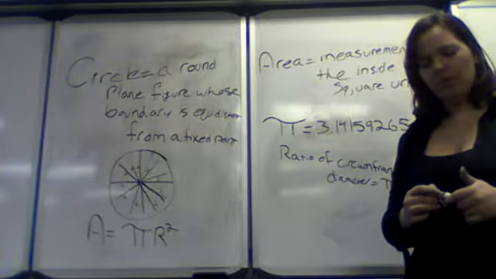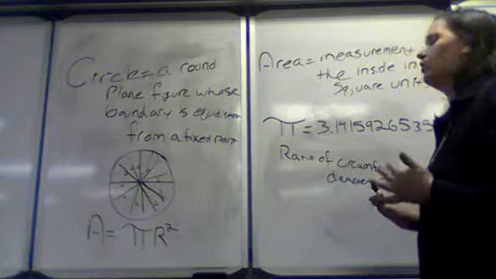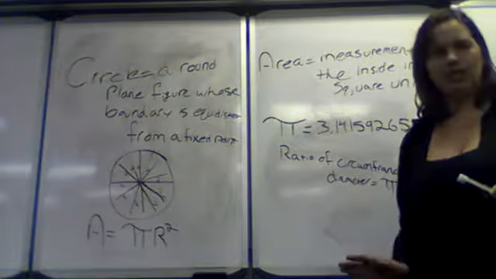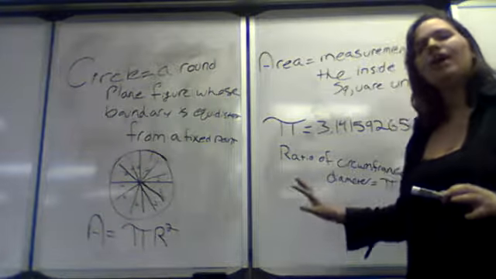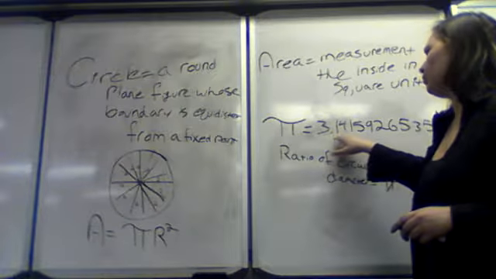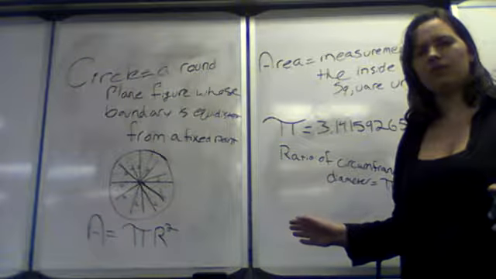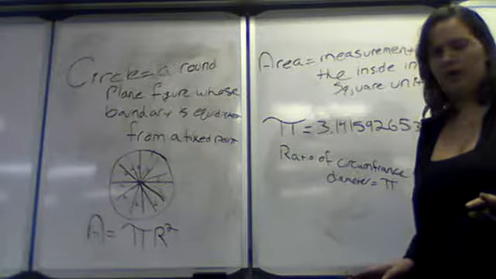However, for the most part, people simply know pi as 3.14 or 3.142. So most commonly, you're just going to leave your answer as your radius squared times pi. However, some people will want you to round the pi to 3.14 or 3.142 and multiply that by your radius squared. For the sake of this proof, we're just going to leave it at pi. We're not going to round or anything.